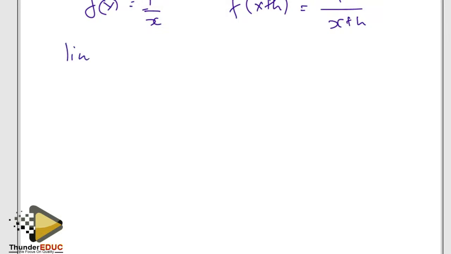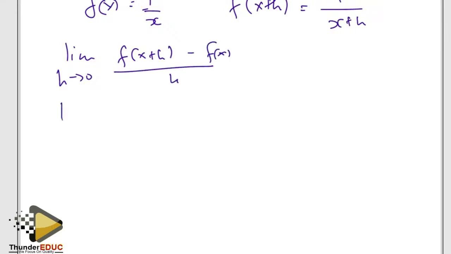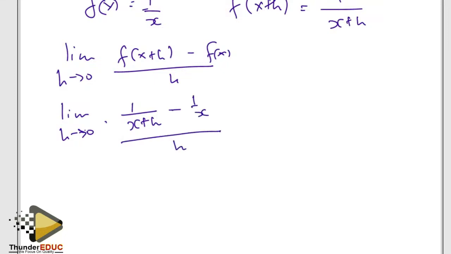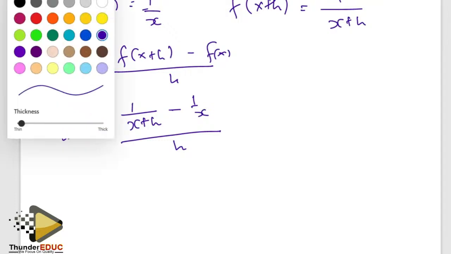So we're saying the limit as h tends to 0. The formula is f of x plus h minus f of x over h. So limit as h tends to 0, we're going to have the 1 over x plus h minus the 1 over x over h.